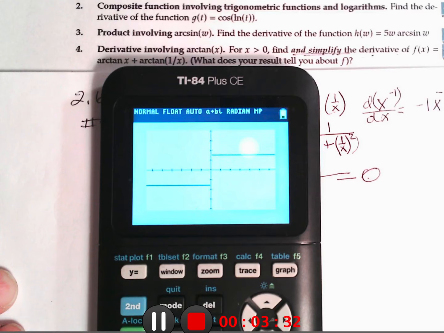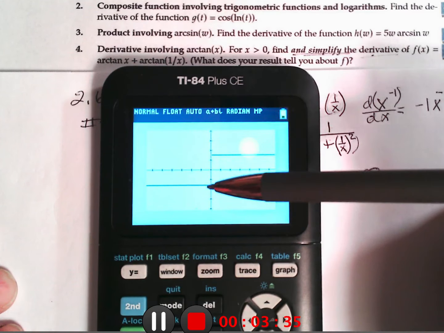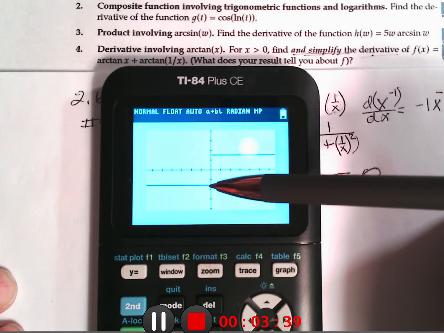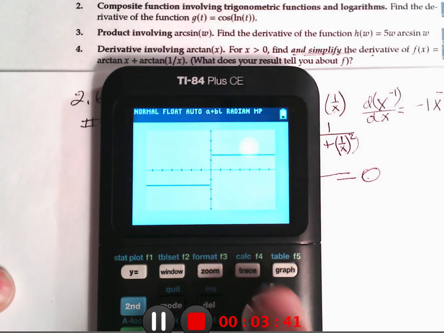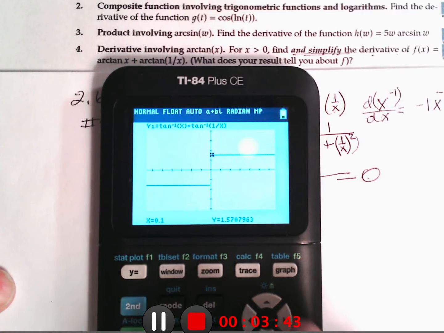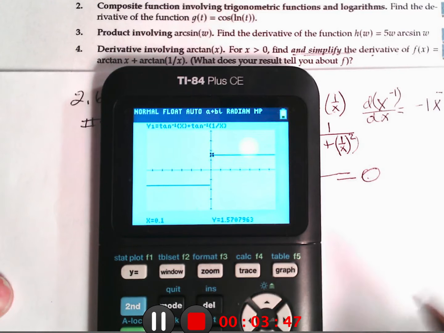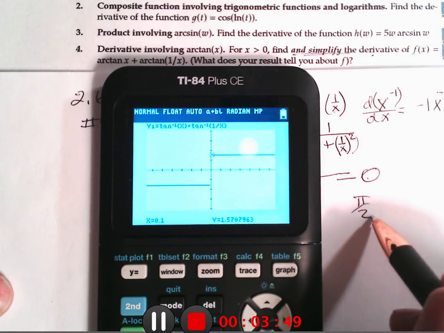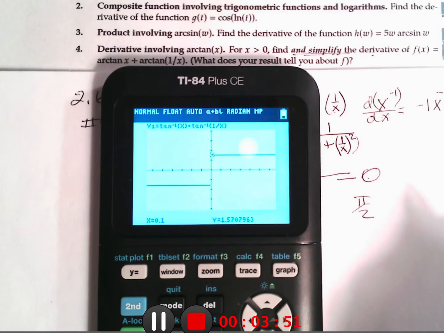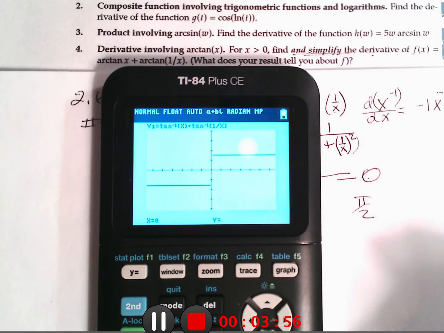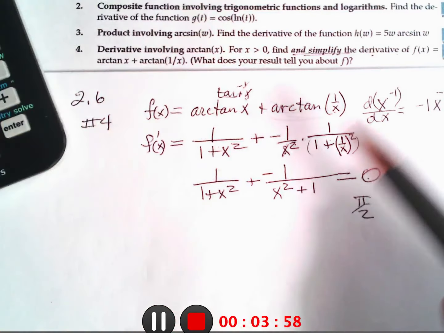Well, we're not really sure why it goes from this value to this value, and what are those values? Trace. 1.57. That's pi over 2. But at 0, there's no value. Well, why isn't there? Well, 1 divided by 0 is undefined.